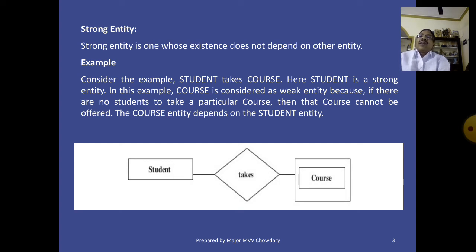Consider the example: student is an entity. Student takes course. Here student is one entity, course is another entity. Student is a strong entity.